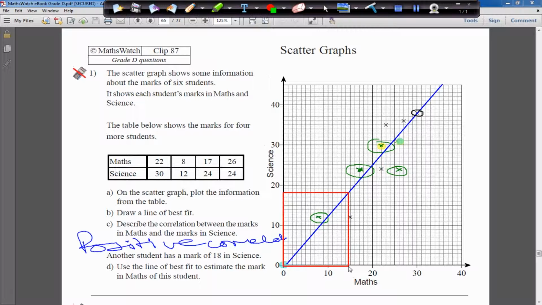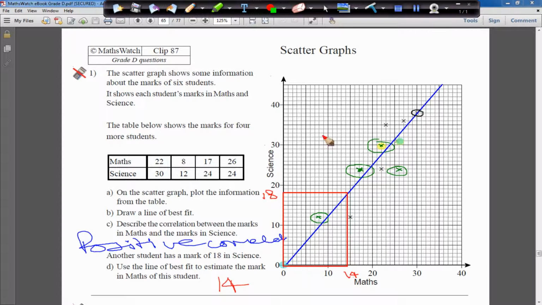I'm using this technique here. This is 18 over here. 18 for science goes across, hits the blue line, comes straight down, and that gives me approximately round about 14. A 14 score for maths.